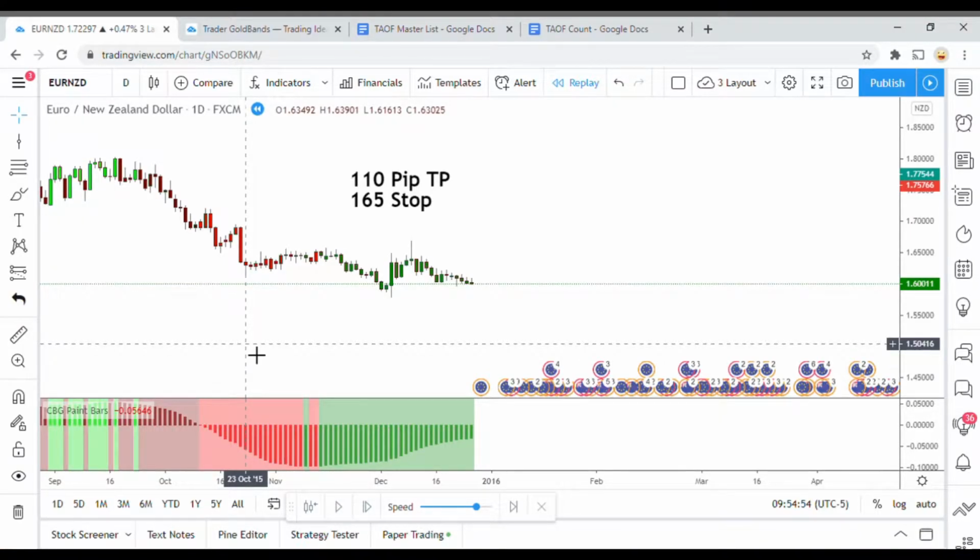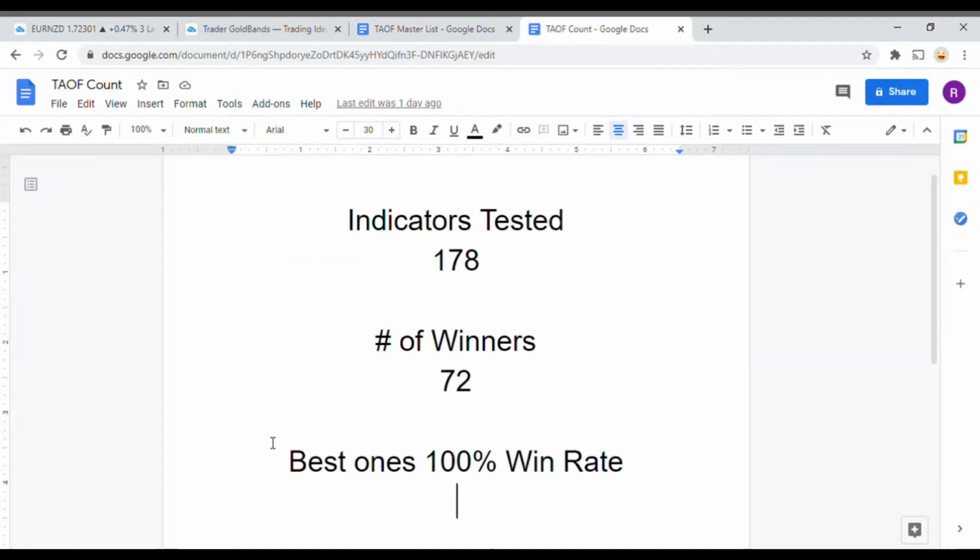All right, as I said, today we will be testing the CBG Paintbars indicator. But before we do, I wanted to put the indicator scoreboard up for everyone to see. So, to date, we have tested 178 indicators. And out of those 178 indicators, 72 of them have been winners, which means that they have met or exceeded the 60% win-loss ratio threshold that we have set for them.